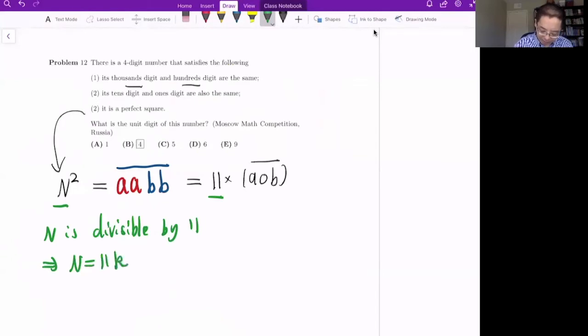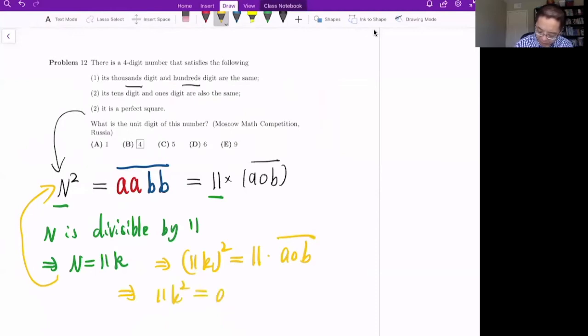Okay, so now let me plug this back into the equation. So what we have is (11k) squared equals 11 times A0B, and then I have just 11k squared equals A0B, okay? So the 3-digit number.